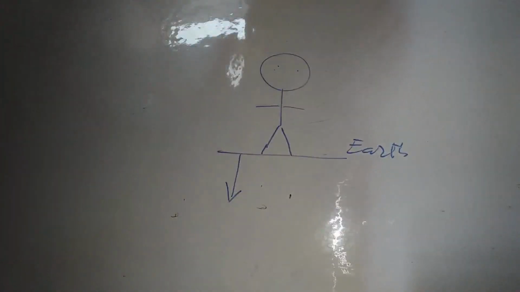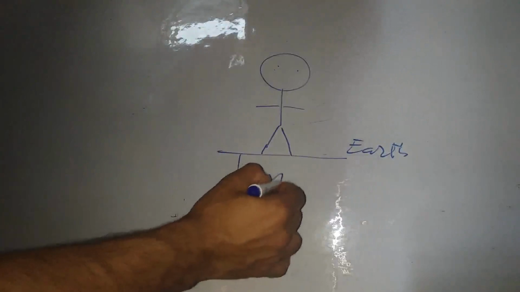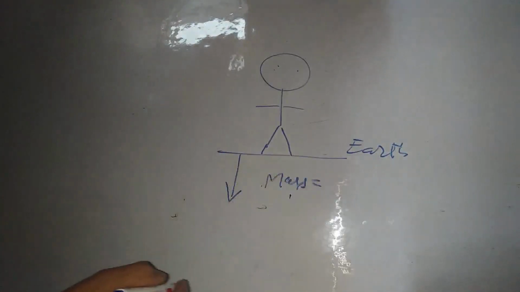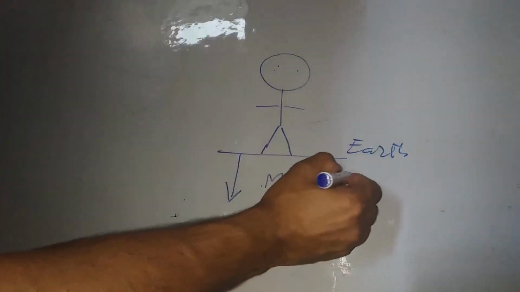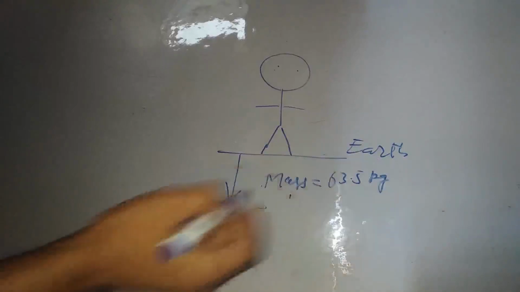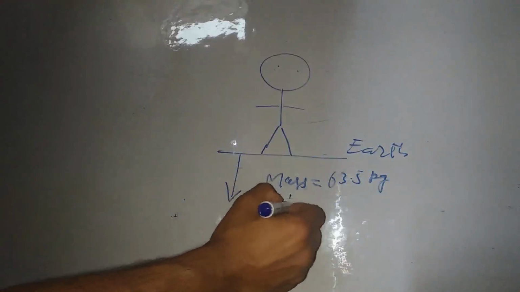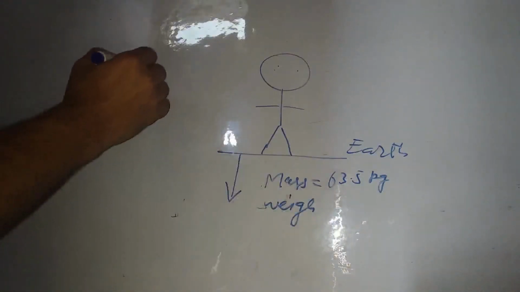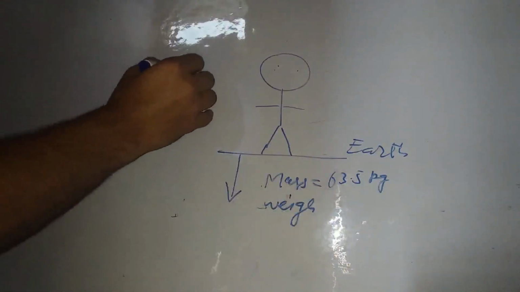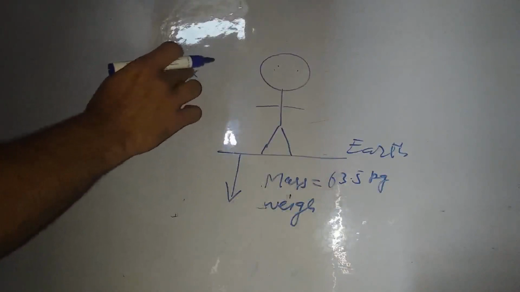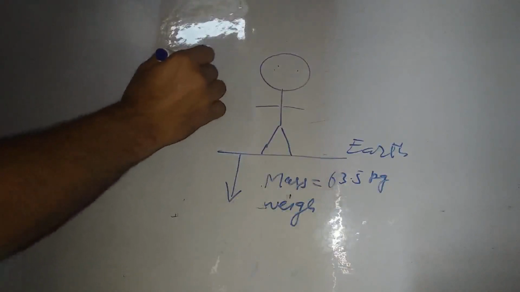So for example, let's say that your mass is 63.5 kg. Your weight is equal to m times g.